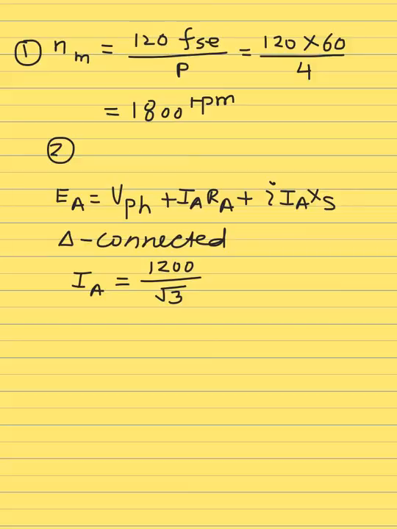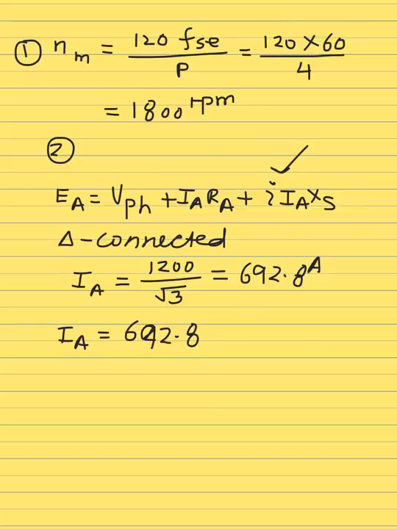This might not be required in case of a Y connection, so make sure we carefully apply the type of the connection. That's the amplitude of the current, but since we're using complex numbers here, the current has to use its angle as well.